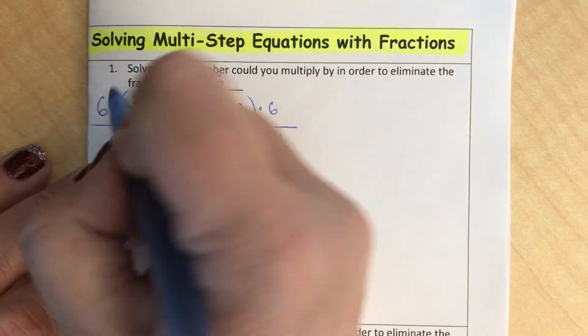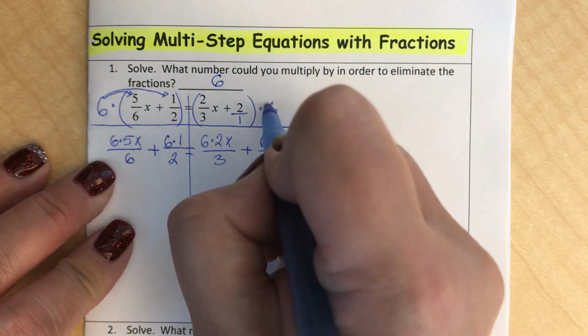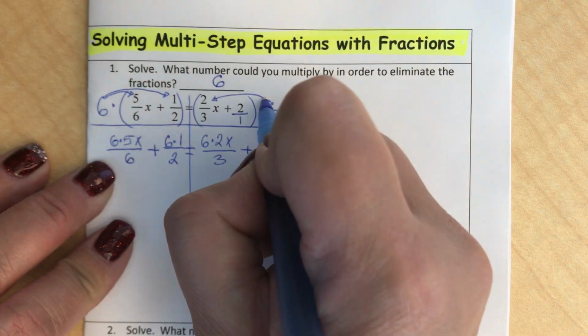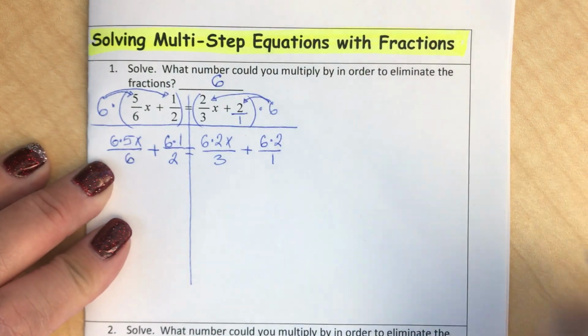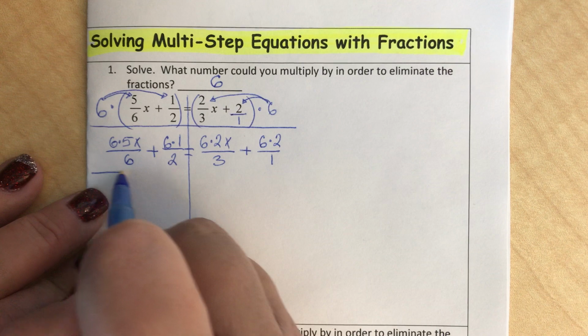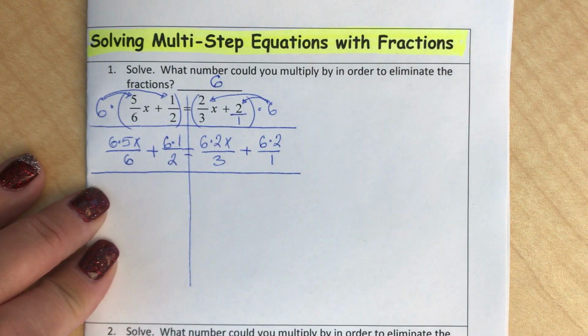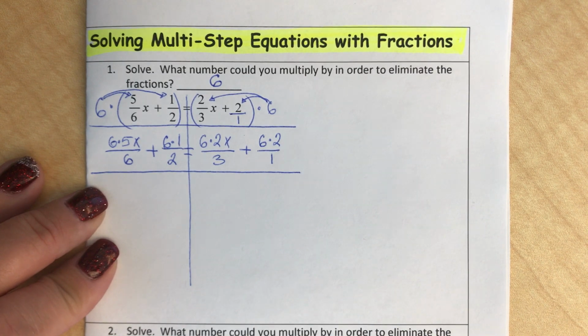So we multiply the numerator of each term and keep the denominators the same. On the next step, when we simplify each fraction, we will have whole numbers.